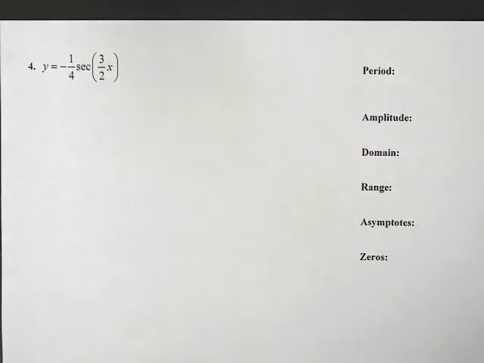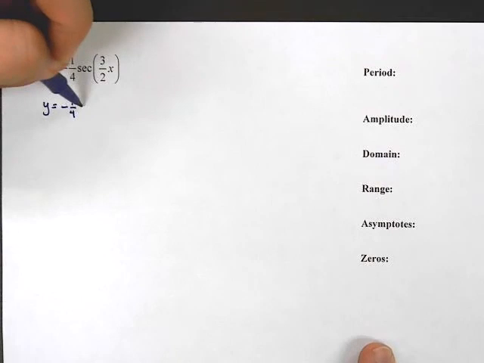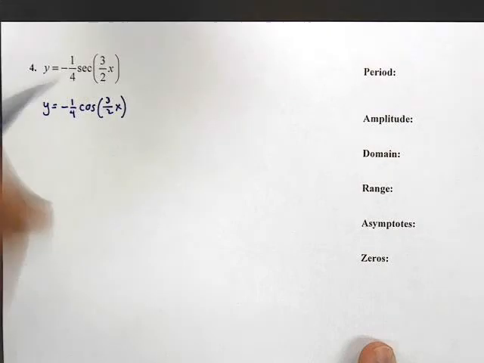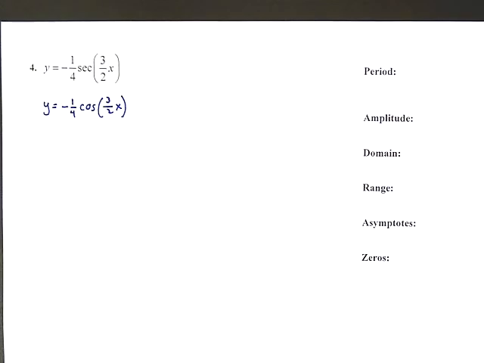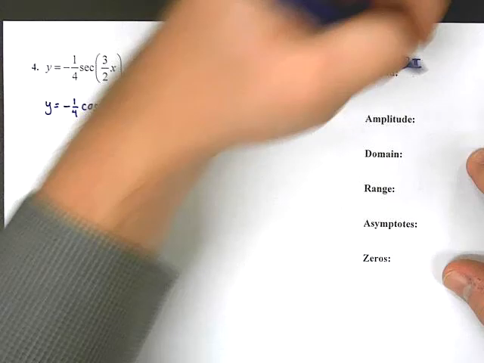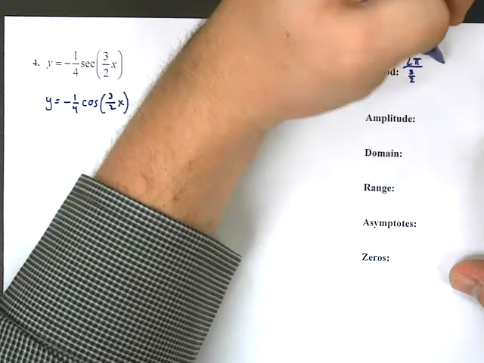So remember, when we're graphing secant, we first need to graph cosine. All right, we need to get the cosine graph first. Period: 2 pi over b. Oh boy, 2 pi over 3 halves. I don't want to divide by a fraction. I want to multiply by the reciprocal.